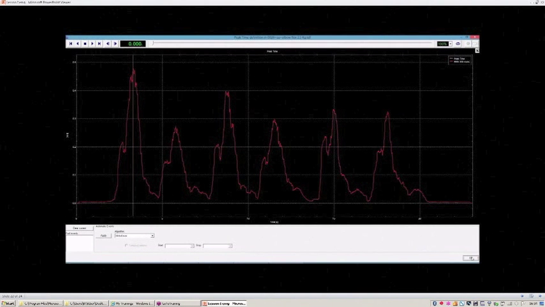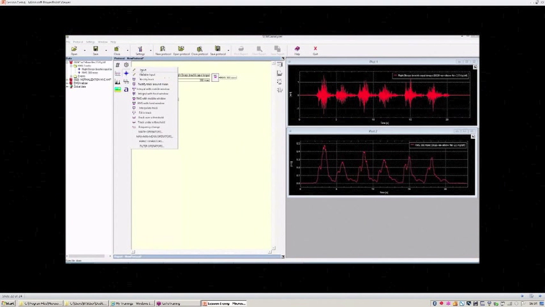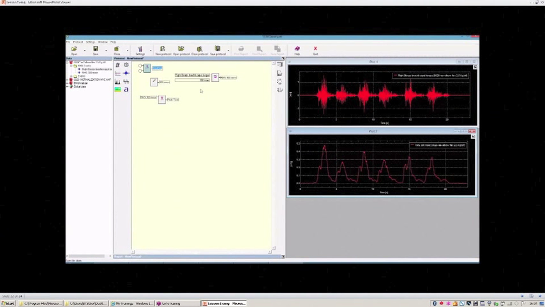Now we can compute the value in correspondence of those events. We choose event operator and event defined value. The first input is the envelope of the signal, and the second is the events, which represent the peak time. So that is the peak value.